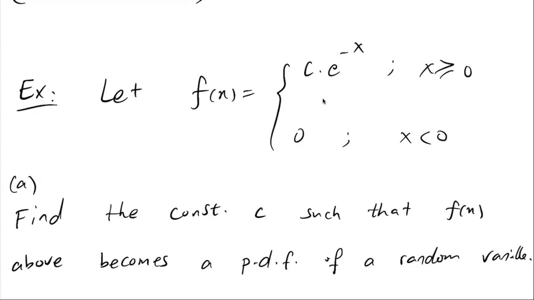If a function is bounded and has finitely many discontinuities, well, this piece is continuous, this piece is also continuous, and it has only one discontinuity at 0.